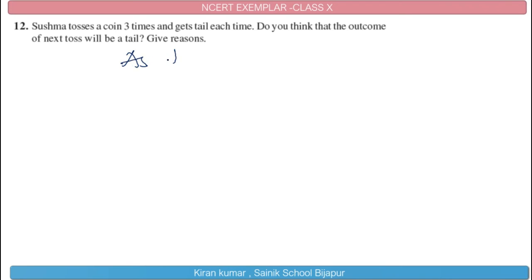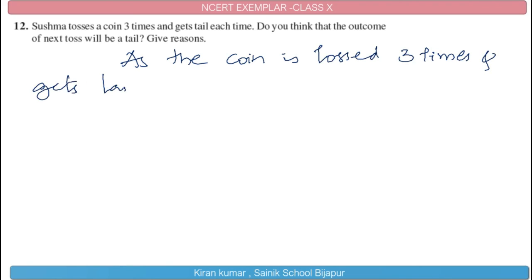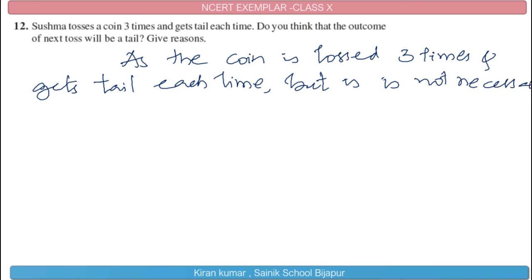As the coin is tossed 3 times and gets tail each time, but it is not necessary that the 4th time will be tail.